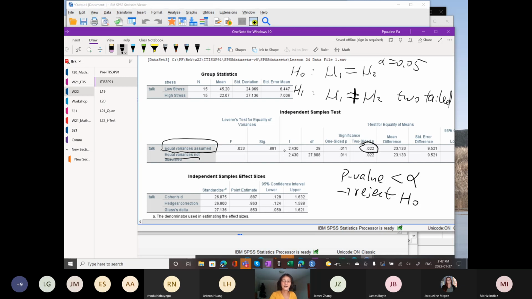And the t-test statistic is here, 2.43. The sample size you have to use depends. So for two independent samples, let me double check the degree of freedom.